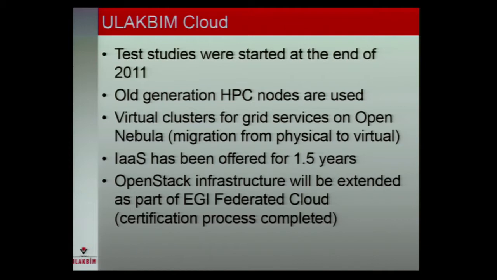So we utilize these old HPC nodes in our cloud infrastructure. We also have virtual clusters for grid services on OpenNebula. And infrastructure as a service has been offered for 1.5 years. The OpenStack infrastructure will be expanded as a part of the EGI Federated Cloud. We completed the certification process last month.